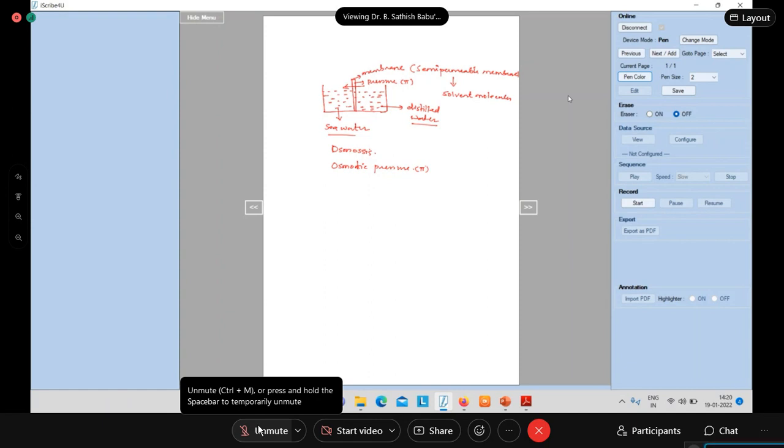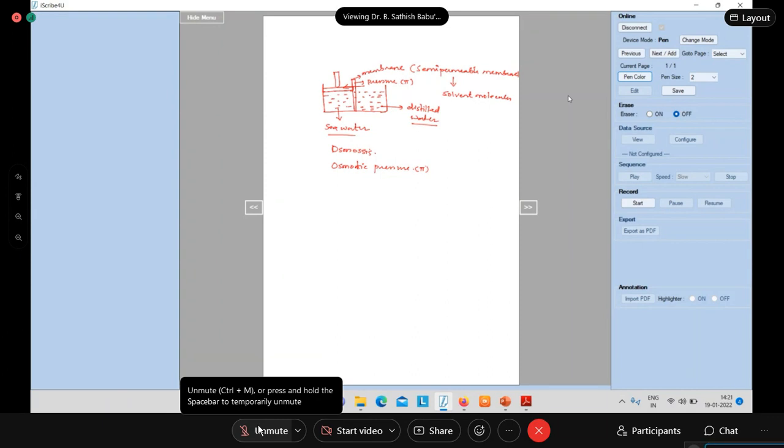And in another process, if you apply some pressure on this higher concentration side, that pressure should be more than this osmotic pressure pi.